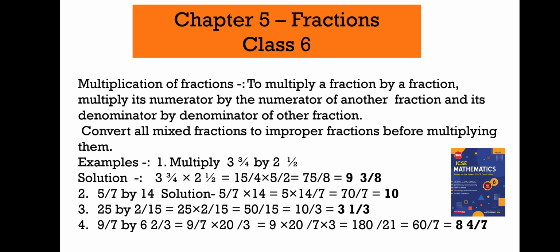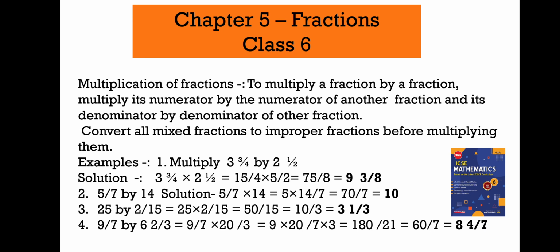Solution. Now 3 3/4 we have to convert to improper fraction, which is 15 upon 4, because 4 3s are 12 plus 3, 15 upon 4 multiplied by 5 upon 2, which is equal to 15 5s are 75 and 4 2s are 8. So the mixed fraction is 9 3 by 8.